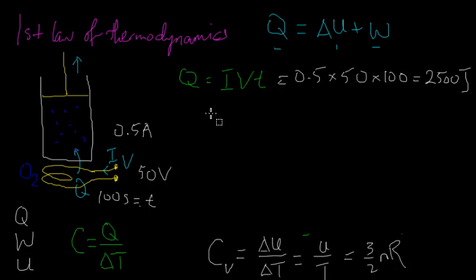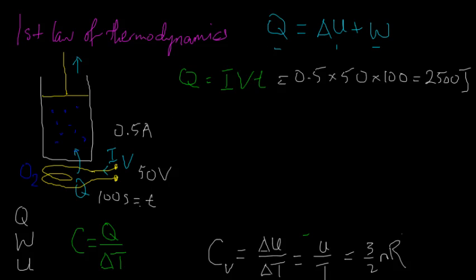Okay, so first I would need to know this change in the internal energy, since according to the first law, if there's no change in volume, there's no work done. The change in internal energy is just equal to the heat.